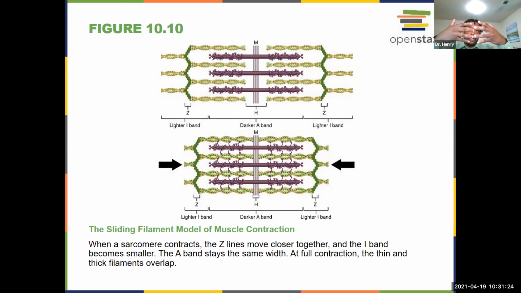So you're getting that pulling in. Okay, now when you run out of ATP, then your myosins are going to let go, and then you're going to get retraction or extension, okay? And it's going to relax. Can you guys see that?